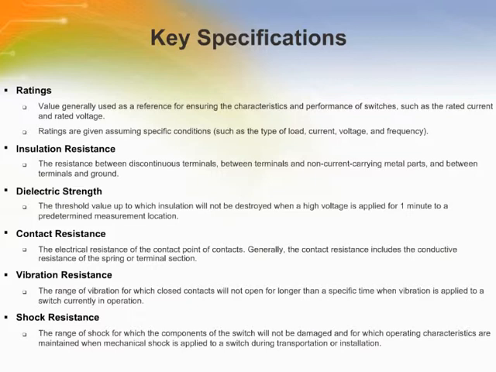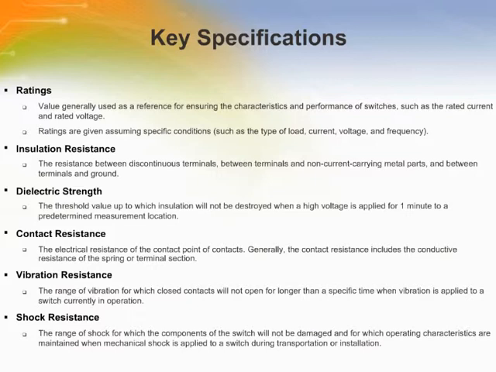Contact resistance is the electrical resistance of the contact point of contacts. Generally, the contact resistance includes the conductivity resistance of the spring or terminal section. Dielectric strength is the threshold value up to which the insulation will not be destroyed when a high voltage is applied for 1 minute to a predetermined measurement location.